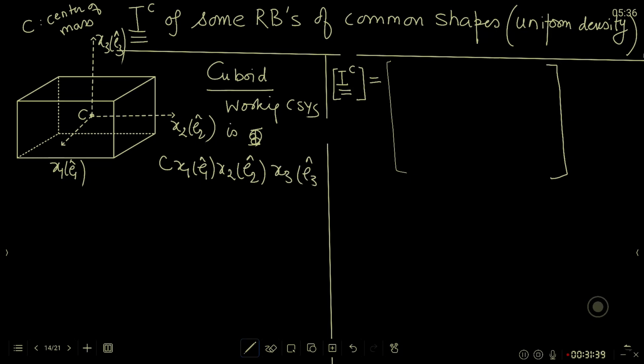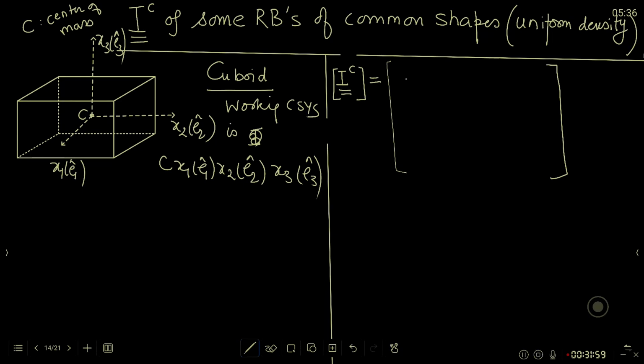We are being asked to find the inertia matrix of the RB at its center of mass. Now in general, IC will have 6 independent quantities, 6 independent integrations to be performed.